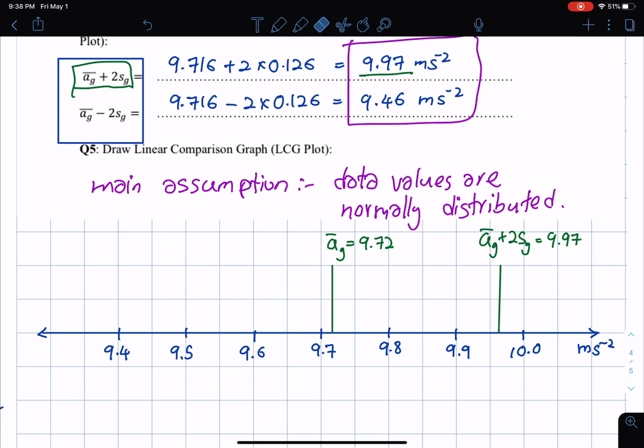Then mean minus 2 times standard deviation is 9.46. So I am going to mark that point here. So then I am completing the box.